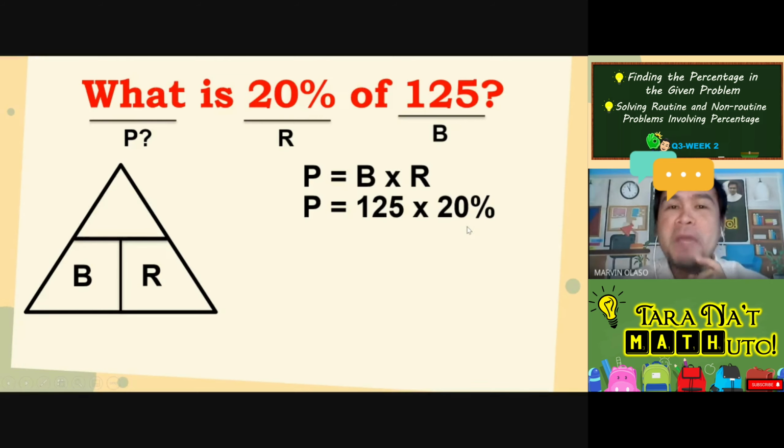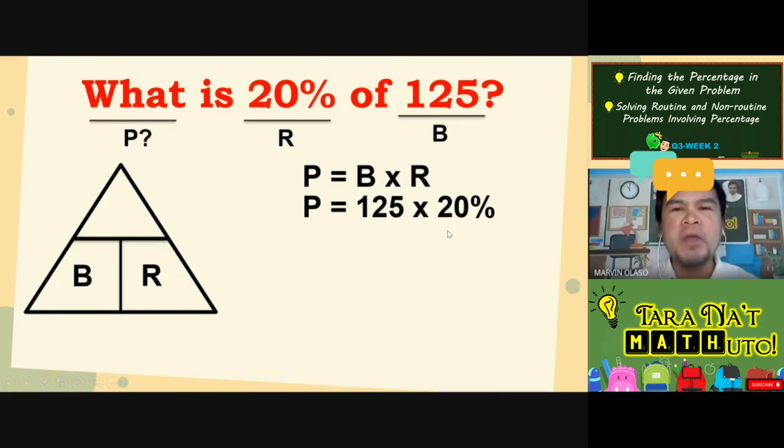But, eto, pakitandaan po, to multiply a number by the rate, we must change first the given rate into decimal form. So kanina, binalikan natin kung paano i-change ang percent to decimal.